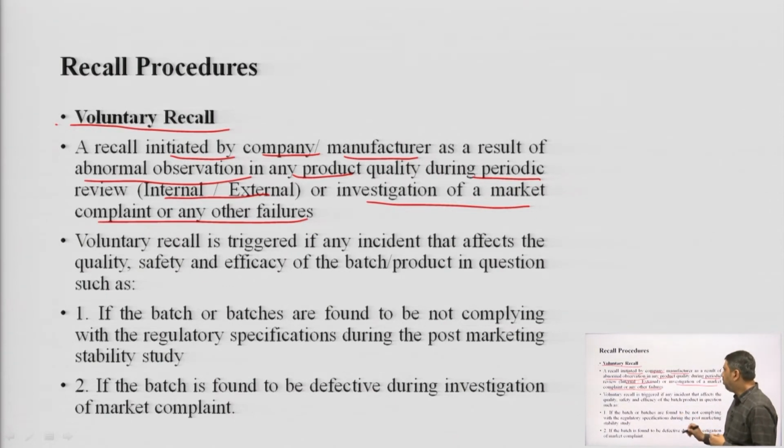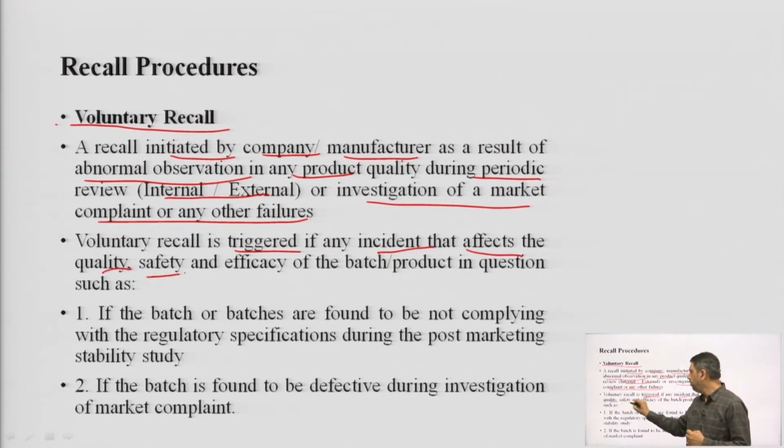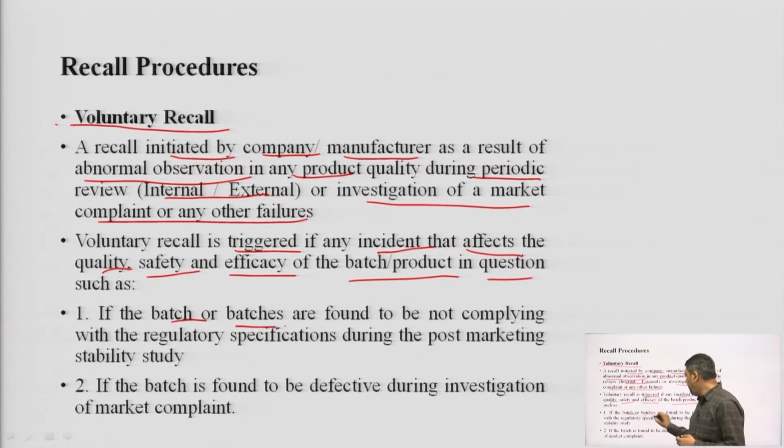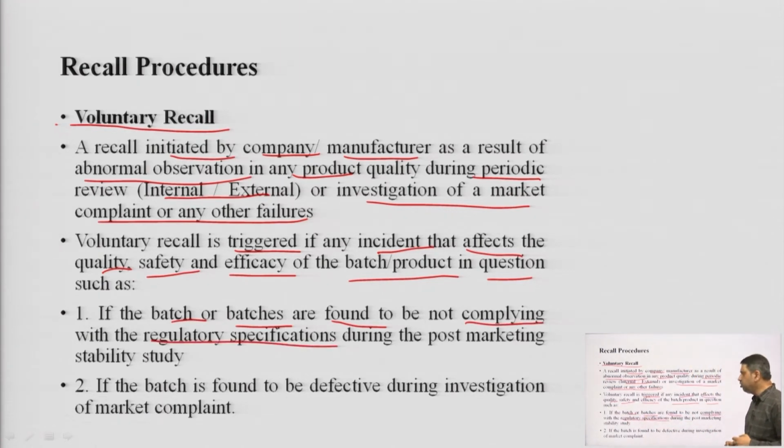Other than this, voluntary recall is triggered in any incident that affects the quality, safety, efficacy of the batch or product in question, such as if the batch or batches are found to be not compliant with regulatory specifications during the post marketing stability studies.